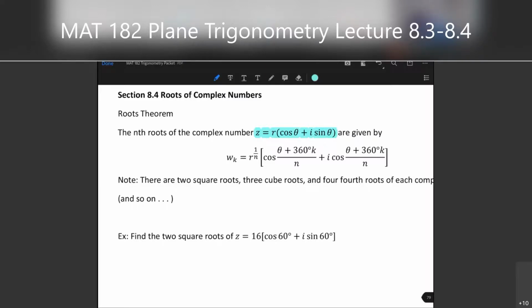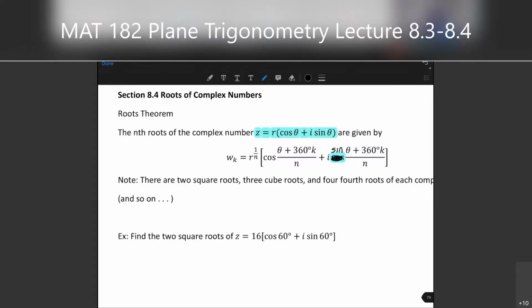Oops, this should be a sine. I don't know why that didn't adjust, but that is a sine.